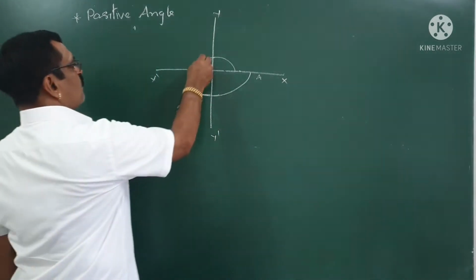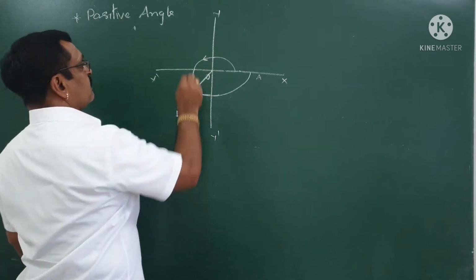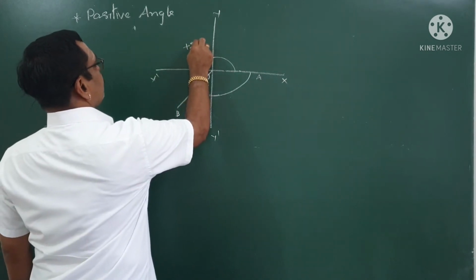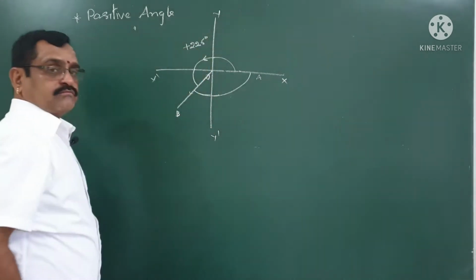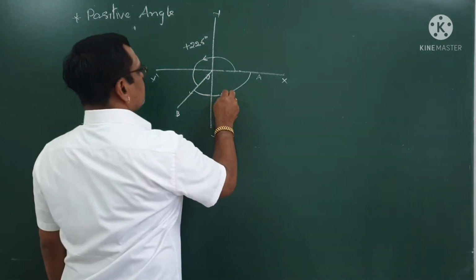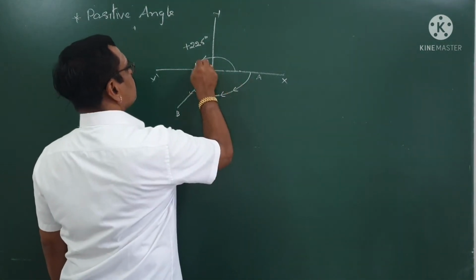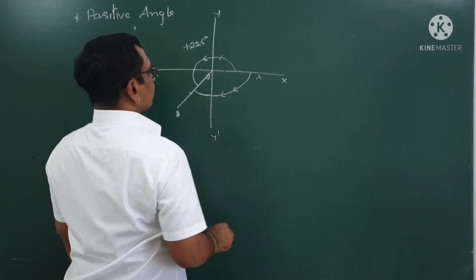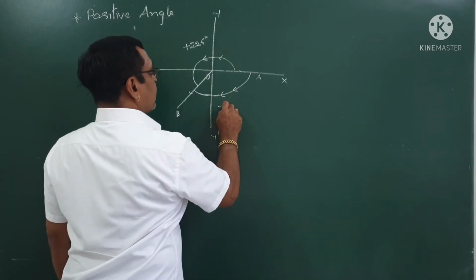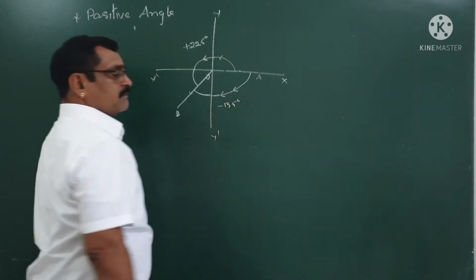Now, if I put the arrow mark in anti-clockwise direction, this becomes plus 225 degrees. If we put the clockwise direction, this is minus 135 degrees.